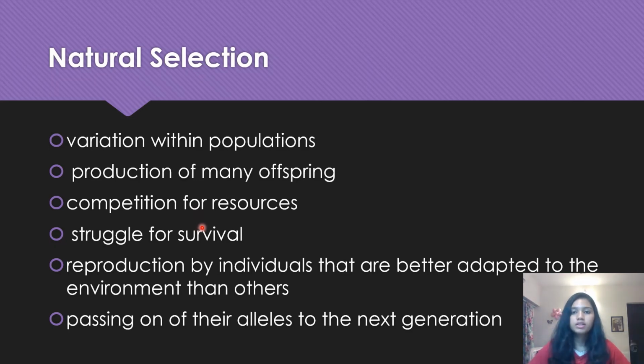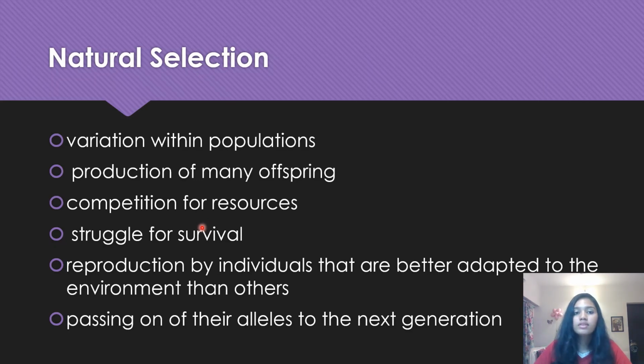So what happens is basically then the organisms with the beneficial variations that help them live in their environment for a longer time, they obviously are better adapted to the environment, and so they reproduce and pass on the genetic code that they possess. Whereas the organisms with variations that don't help them survive or don't help them thrive in their environment, they die before they can pass on the genetic code, obviously, because they're not suited to their environment.